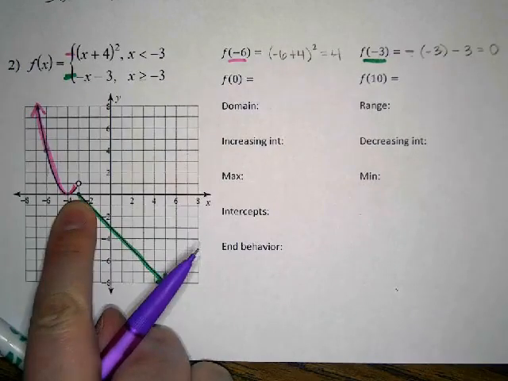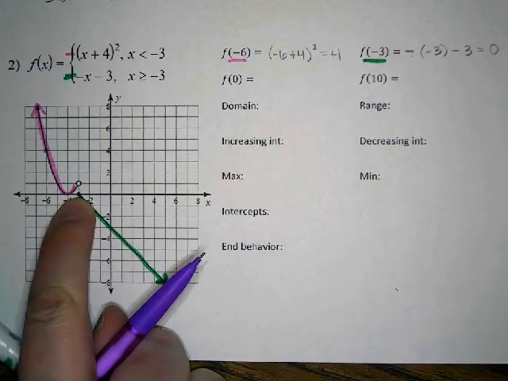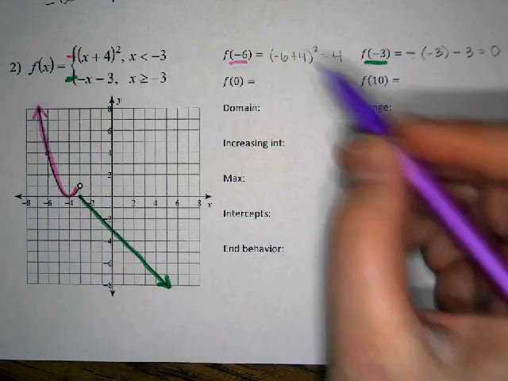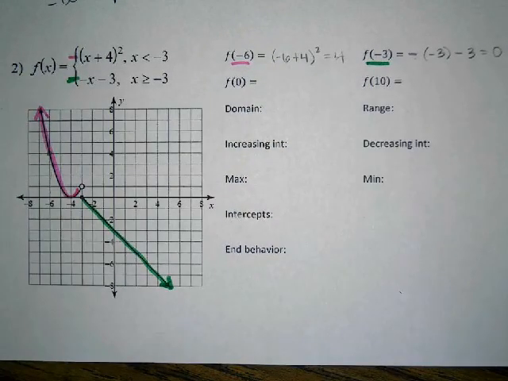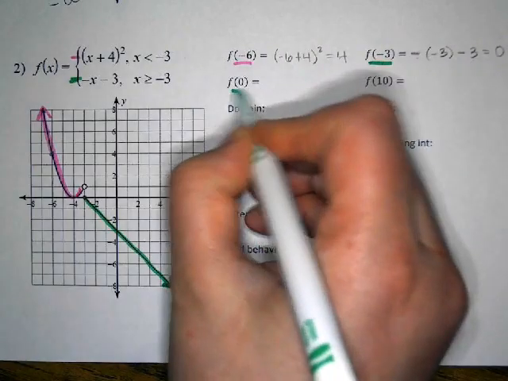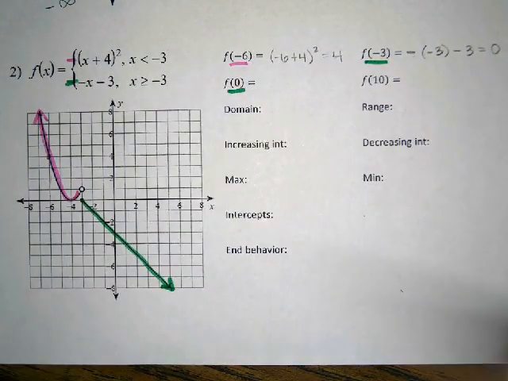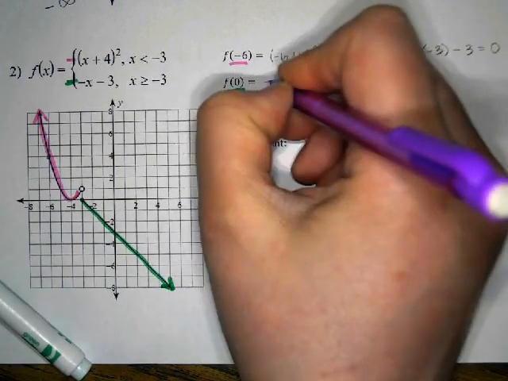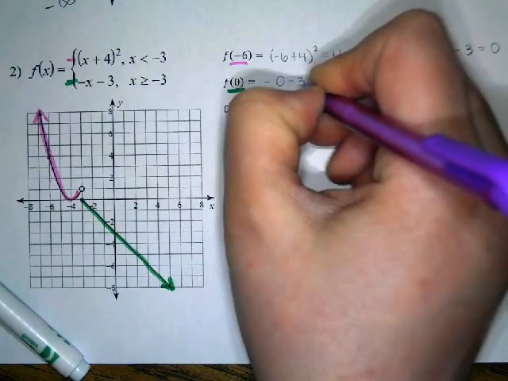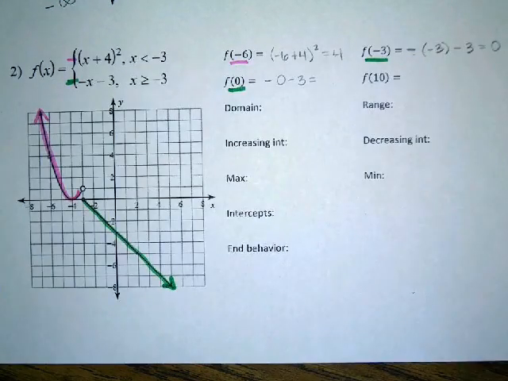Okay. Which one are we going to plug 0 into? First one or second one? Second one. 0 is bigger than -3. So opposite sign of 0 minus 3 is -3.